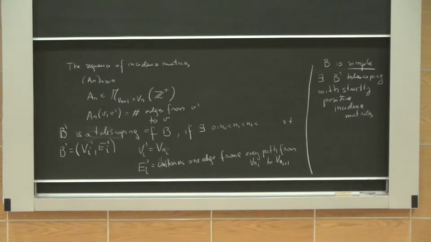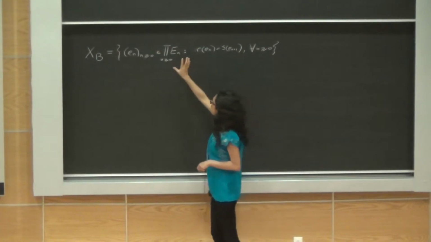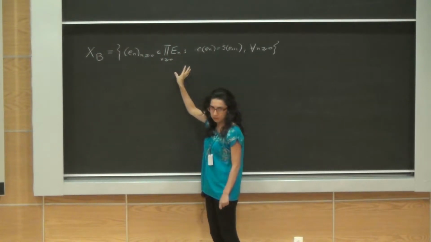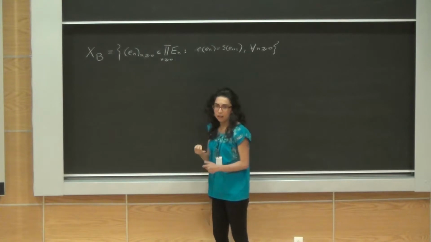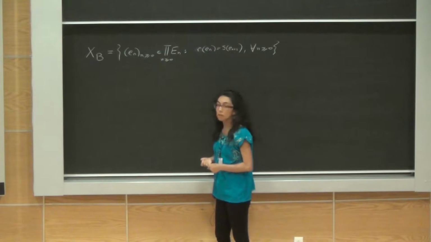That means that the vertex where En arrives is the same vertex where En plus 1 starts. This is the set of infinite paths. And you can put a topology here, like yesterday. In every En, you put the discrete topology, here the product topology, and then you get something which is totally disconnected and closed, so compact.